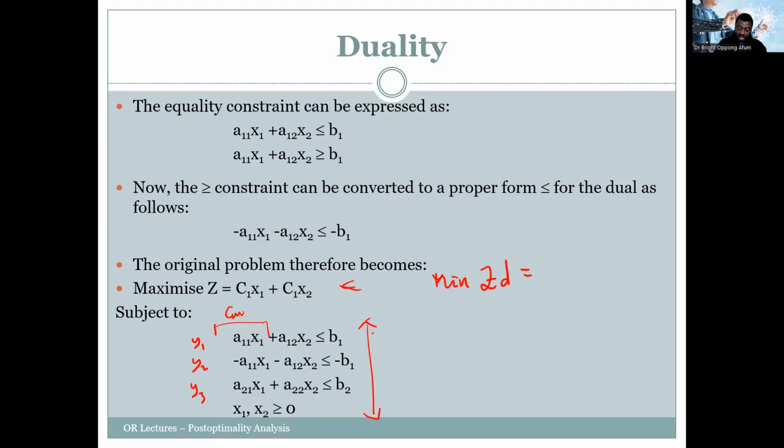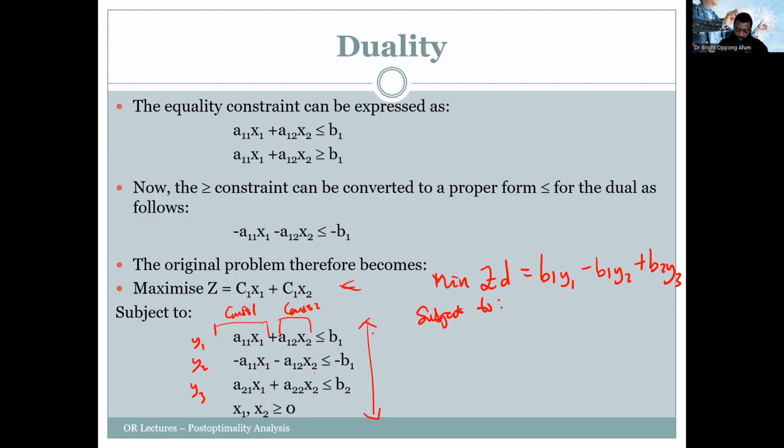So this is constraint 1, and this is constraint 2. So minimize Z, the dual form is actually B1 Y1 minus B1 Y2 plus B2 Y3.